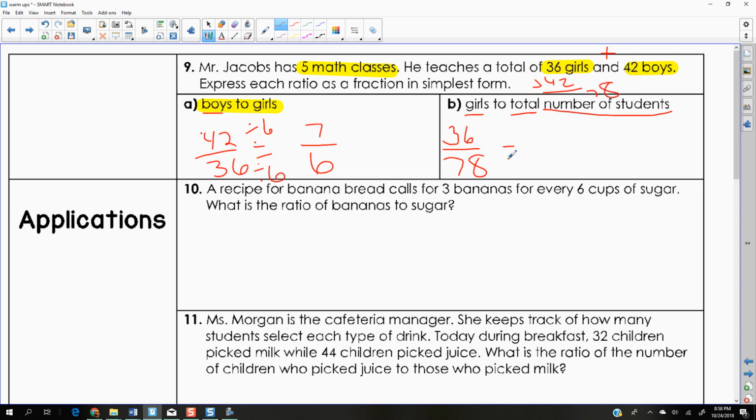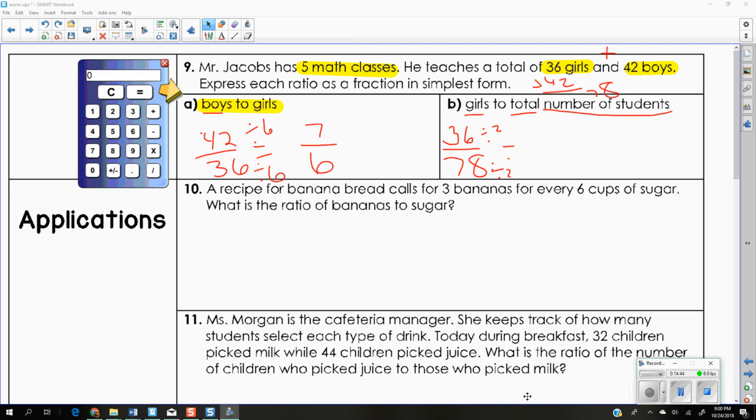So I do know that they're both even, so I can divide both by 2. Whoopsie, I wrote that wrong. All right, I'm going to divide both by 2. Oh, and you can use your calculator. I forgot about that. Pull out your calculators. All right, I found my calculator.